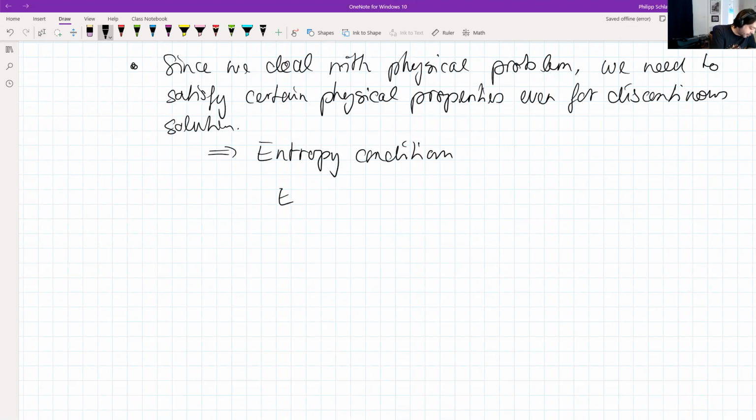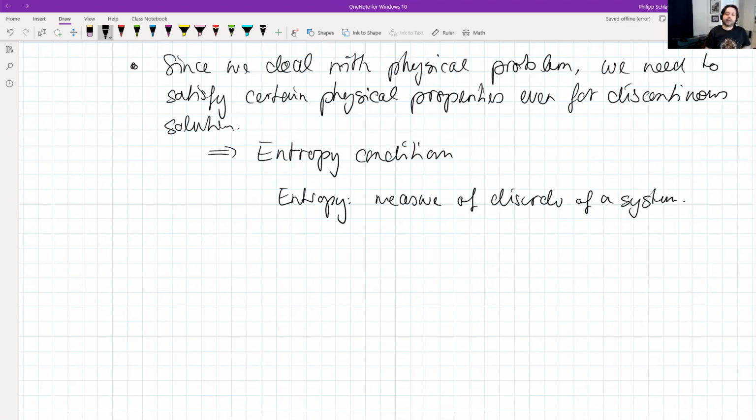We assume that the entropy is this concept of the disorder, or a measure of the disorder, of a system, in the sense that there are certain forms of energies that can go into each other, but not the other way around.